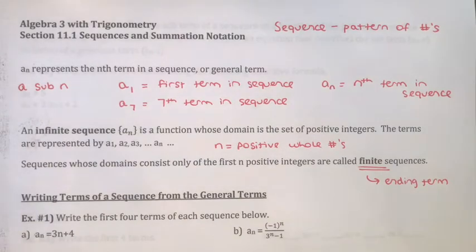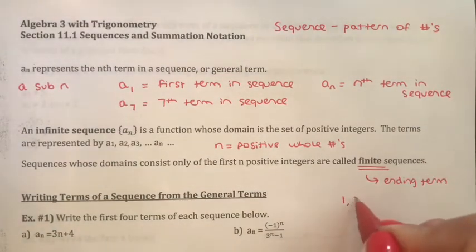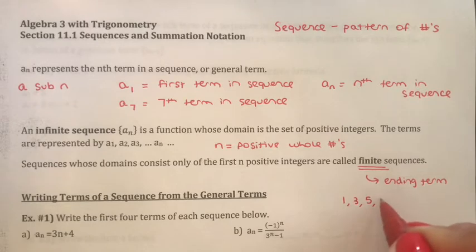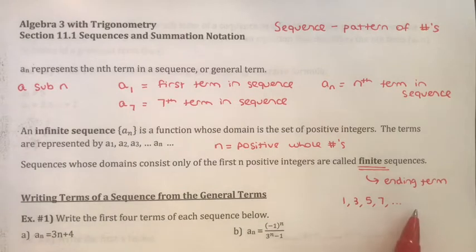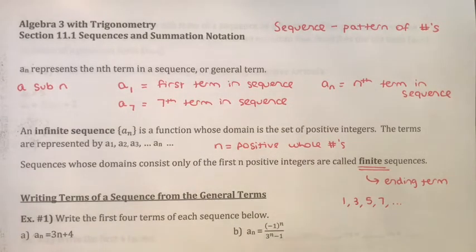Some sequences that you might see are all of the odd numbers: 1, 3, 5, 7. That's a sequence that never ends, so this would be considered infinite. If I asked you for the first 10 odd numbers, that would be finite because it would end after the 10th term. But we'll get to that.